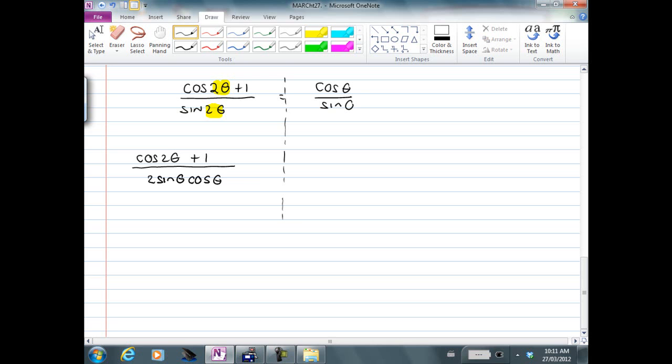Now, the question is this star. How do you know which cos to use? Because there are 3 forms, and the answer is this: look to the other side to see what you want to get.